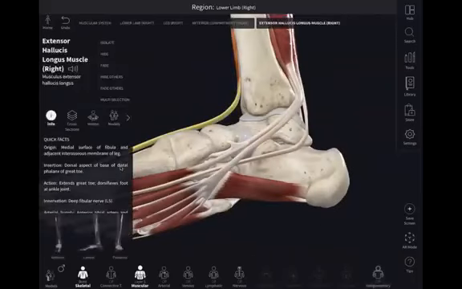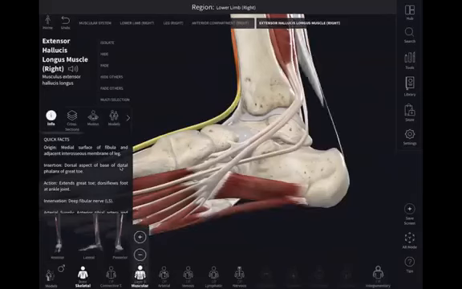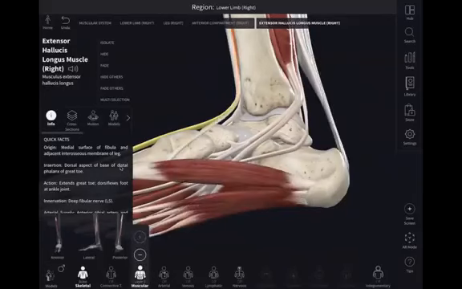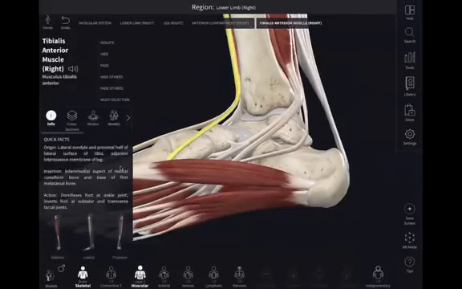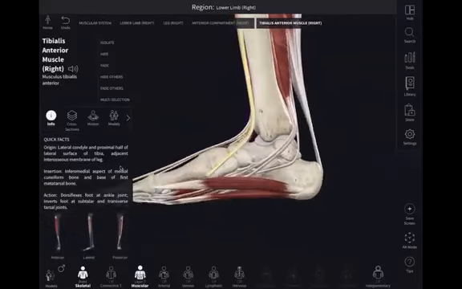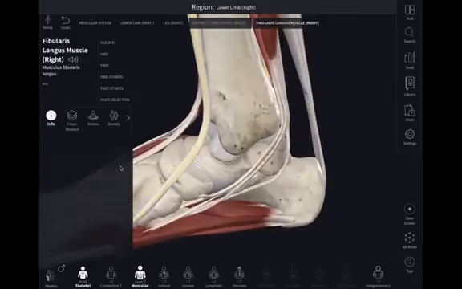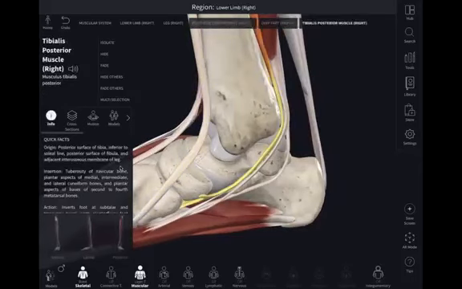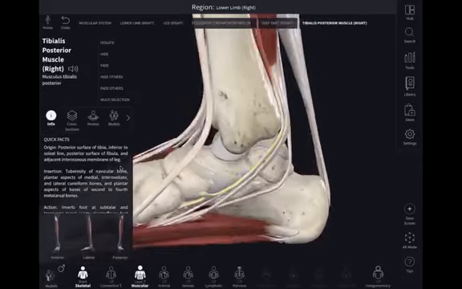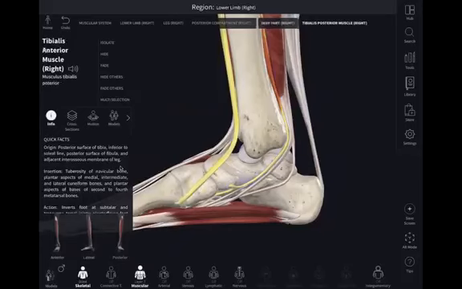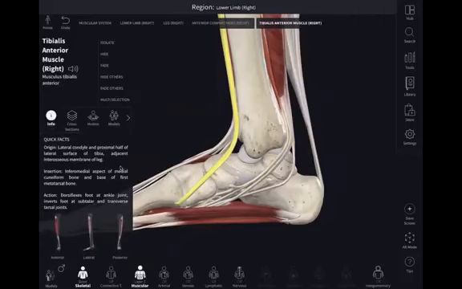Yes, this is the tibialis anterior, and there should also be the tibialis posterior. This is the tibialis posterior. This is the tibialis anterior.